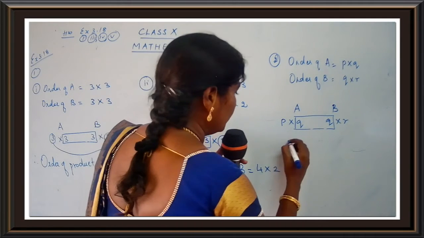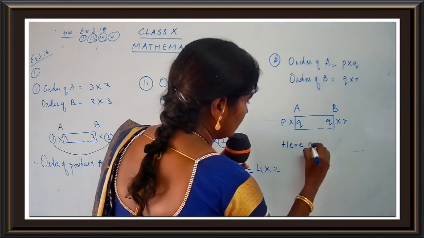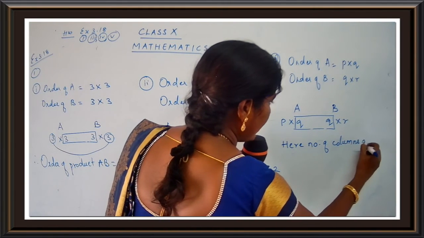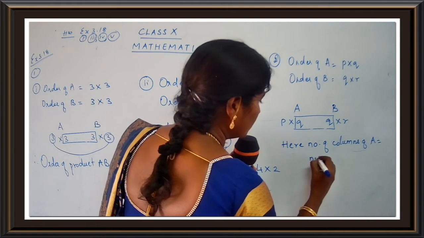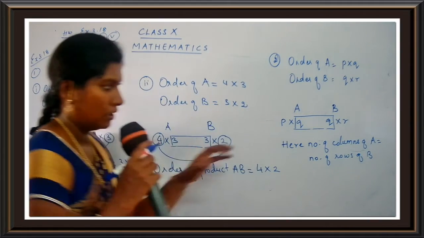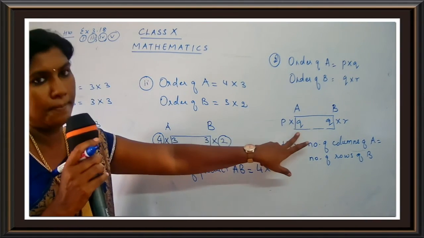Therefore, write down here: the number of columns of A is equal to the number of rows of B. This is the column. I have told you the first one is the row part, the second one is the column part.